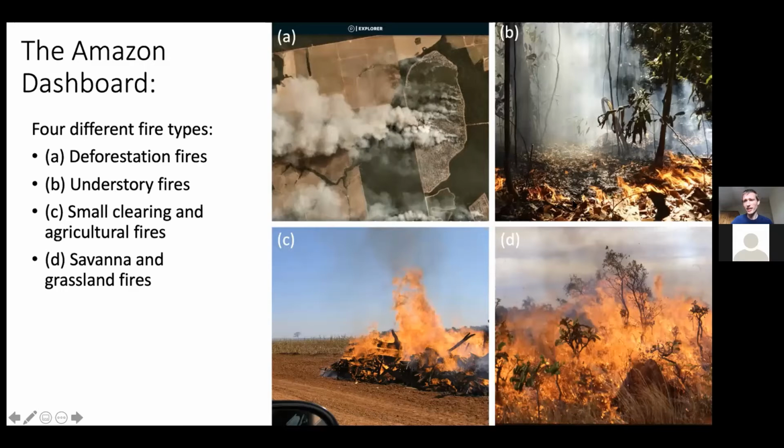The second fire type, and people are really worried about this fire type, occurs along the edges of where people live. These are management fires, for example, for burning pasture land or deforestation fires, or small agricultural fires that then can escape into the forest and can burn thousands of square kilometers annually.